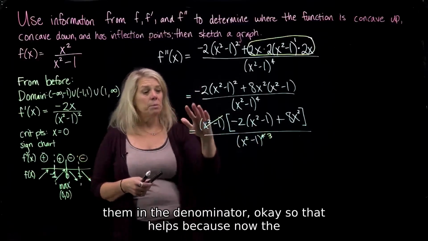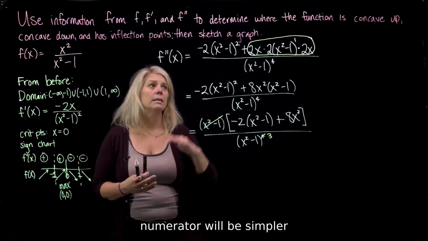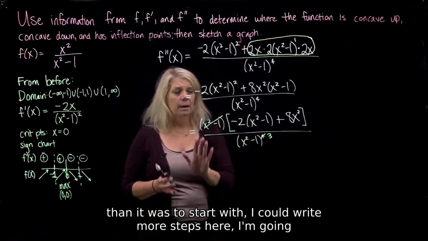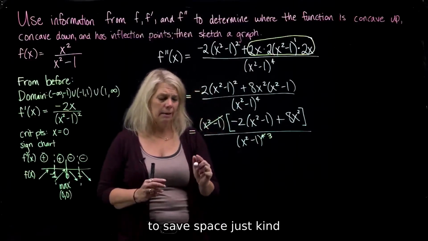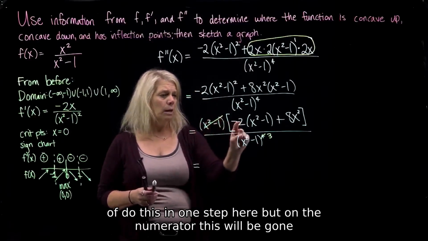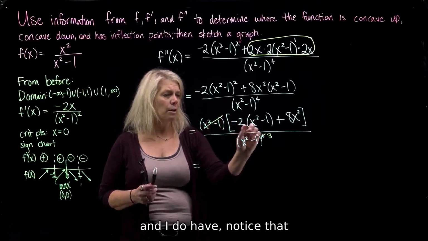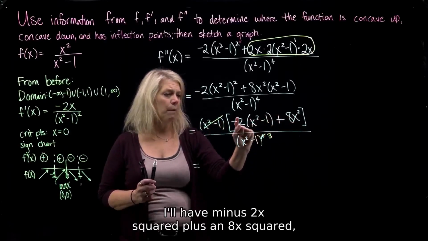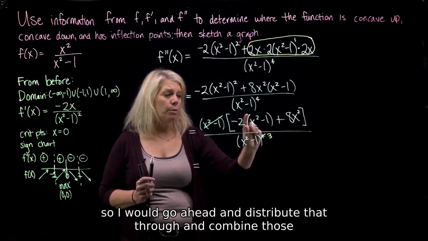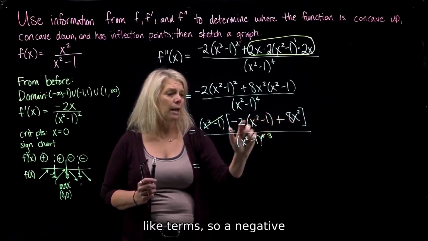Okay, so that helps because now the numerator will be simpler than it was to start with. I could write more steps here. I'm going to save space, just kind of do this in one step here. But on the numerator, this will be gone. And notice that you'll have a couple of x squared terms here. I'll have minus 2x squared plus an 8x squared. So I would go ahead and distribute that through and combine those like terms.